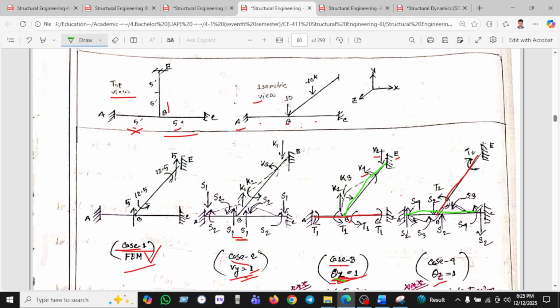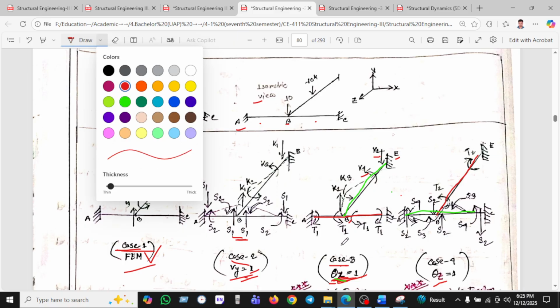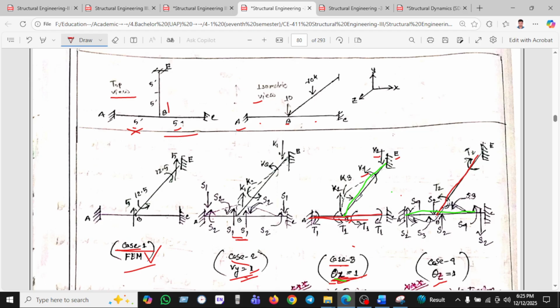So keep in mind, we have been using theta x, that means in the x direction we have used torsion, and the other axis will be rotation. Okay, so theta x means we are using x axis torsion and z axis will be rotation.